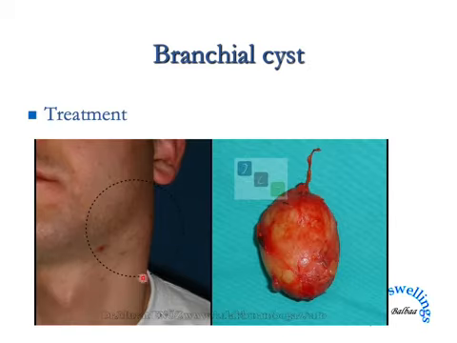How will I treat this swelling? Definitely the main treatment will be surgery by excision. If we open the neck and make the section under the sternomastoid, I will find the swelling. And don't forget that this swelling will be attached by a tract to the lateral wall of the pharynx, as we already described.